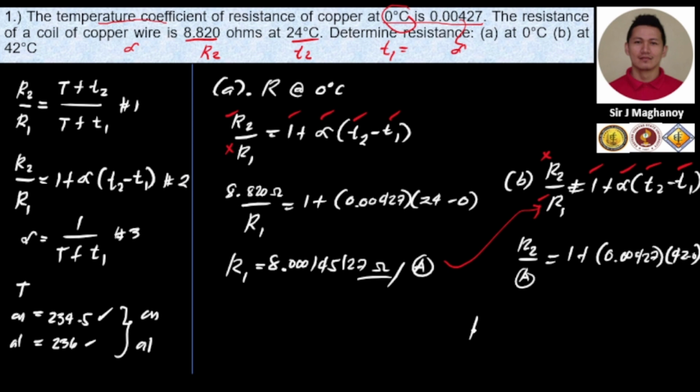Okay, so therefore your R2 is equal to 9.4348911154 ohms. Okay, so this is the value for your resistance at 42 degrees Celsius.